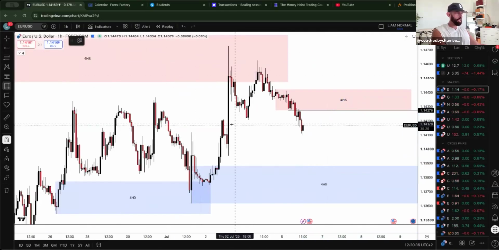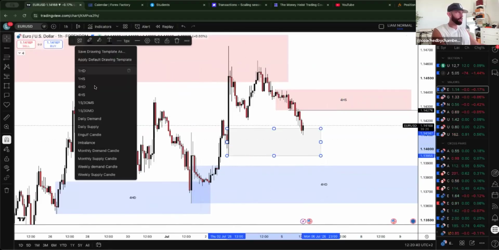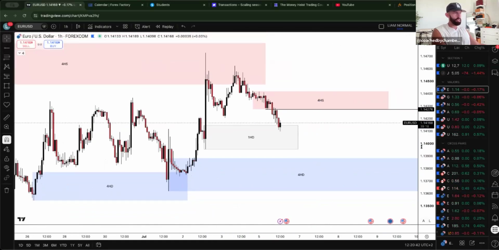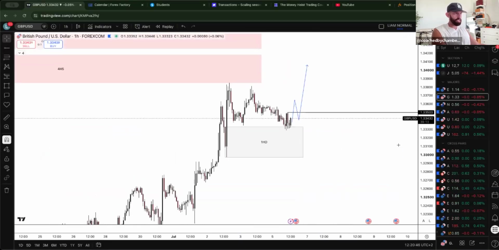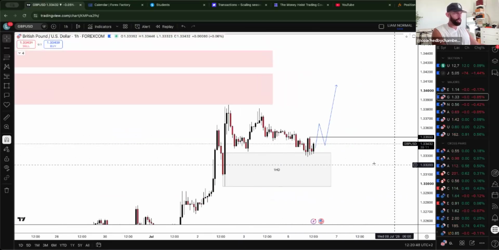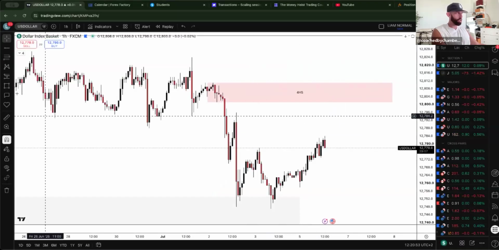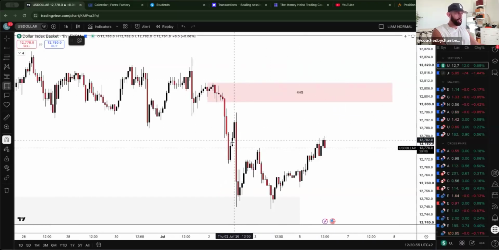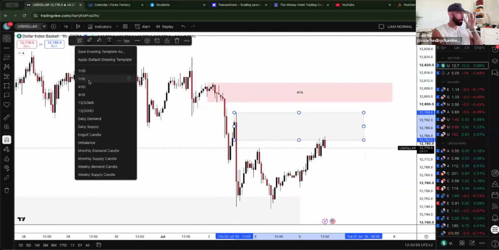And obviously that would also align with potentially this area of demand on Euro USD, something I missed. But yeah, let's see what happens. Let's see if we get the right confirmations from this 1 hour demand to potentially long. But like I said, it would have to align with the dollar going short from this 1 hour supply area.